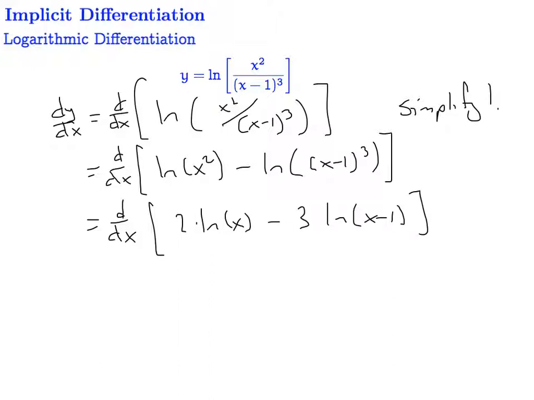So even though it looked a bit cumbersome to begin with, using properties of logs we can simplify quite a bit the object we have to take the derivative of until it becomes rather easy. Not so bad. So using logs really helps us avoid quotient rules, product rules, chain rules, whatever you want to talk about in terms of having to use these other ways.